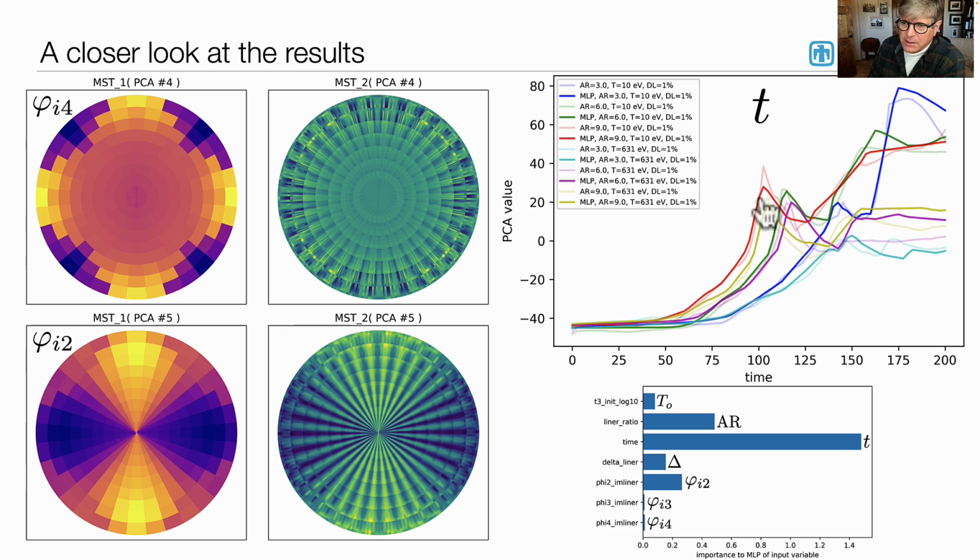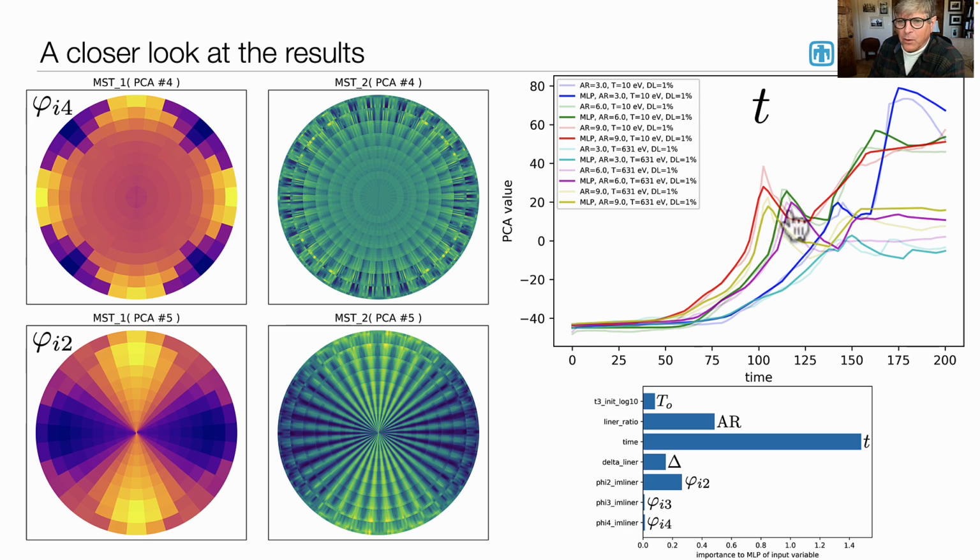Now you see that the higher adiabat, which is the red curve, has more compression and also compresses first, whereas the other adiabat takes longer to compress.